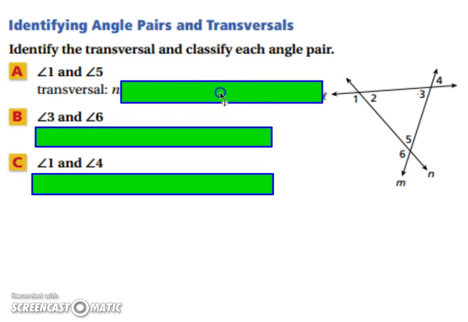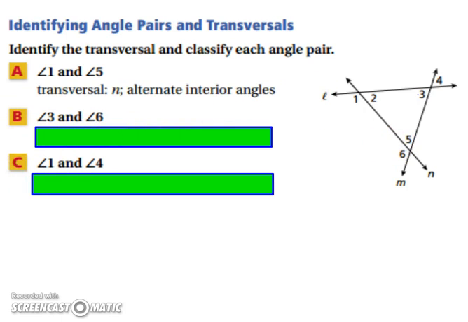Now we need to classify what type of angles they are. Well, they're in between our 2 other lines, and they're on opposite sides of the transversal. So you know they have to be alternate interior angles. Try B and C.